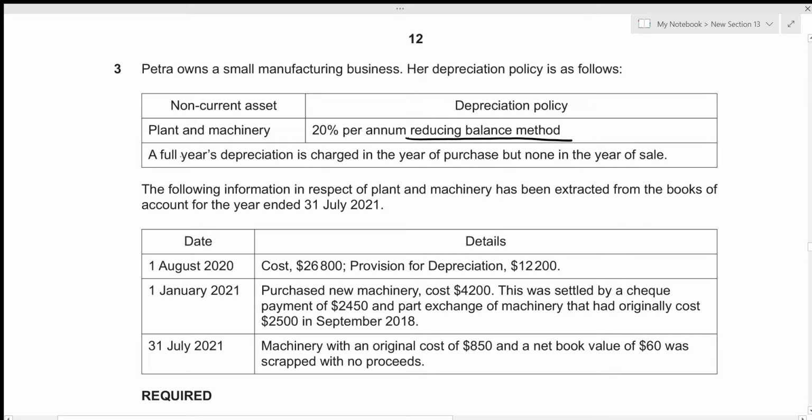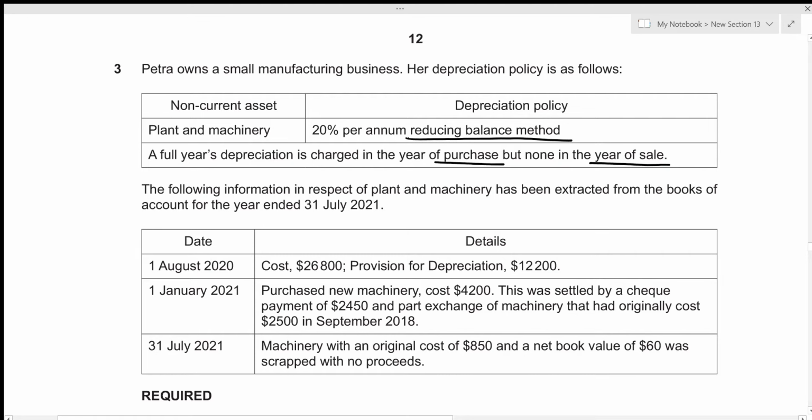Then we're also given the information that a full year's depreciation is charged in the year of purchase. So even if we purchase the machine while only 1 month of the financial year remains, we charge the full year's depreciation, but none in the year of sale. So even if during the year of sale, the plant and machinery was used for maybe 11 months or 12 months, the depreciation will not be charged.